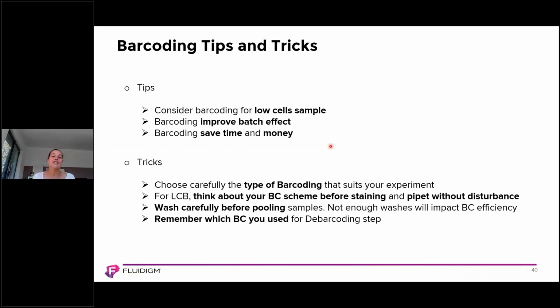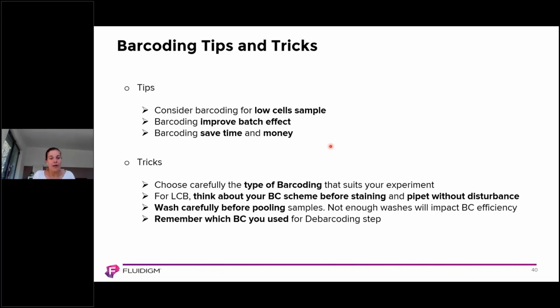Just be careful of the type of barcoding you use, and that it suits your experiment. For the live cell barcoding, think about your barcoding scheme before the staining, and pipette your barcodes just before your staining in a calm area, to be sure not to make any mistake.